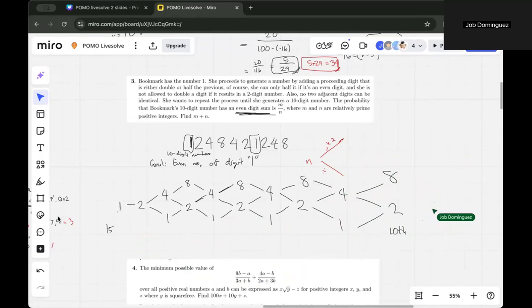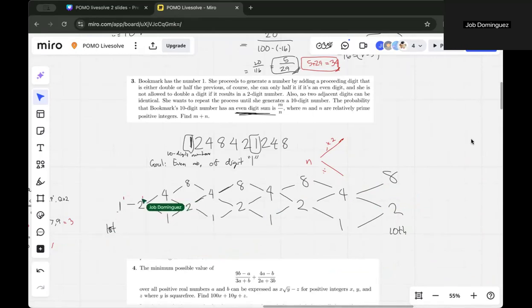And first, we can try to find the total number of possible bookmark digit numbers. So we can do that in counting. We have 1 here, then 1.